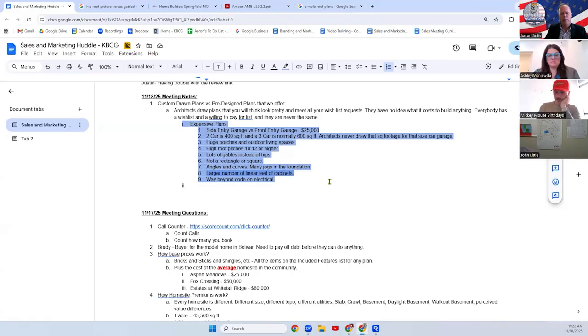So if I have an average kitchen, for you, Brady, it might be between 15 and 19 linear feet of cabinetry, right? For you, Ashley, it might be 20 to 25 in a kitchen. But if you have a plan that has 30 linear feet of cabinets in the kitchen, that's a lot.